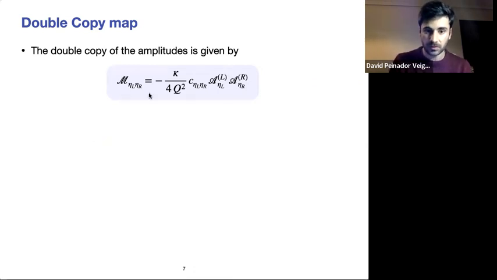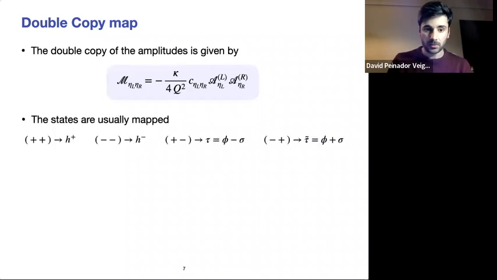This is just the product of the left and right 3-point amplitudes with some multiplicative factors in front. Again, we are going to use all the helicities. So we're going to map the plus helicity amplitude to the positive helicity graviton, minus to the minus helicity graviton, and then plus-minus and minus-plus are going to be a combination of dilaton and axion.